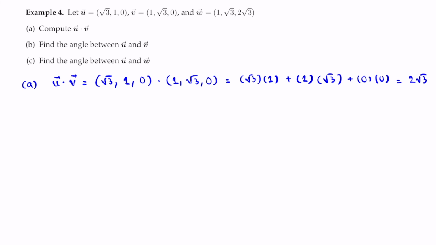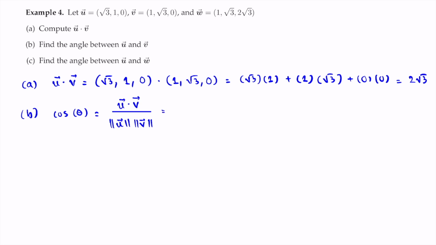Now we're going to find the angle between the two vectors u and v using the formula that cosine of theta, which would be the angle between the two vectors u and v, is equal to u dot with v divided by the magnitude of u times the magnitude of v.